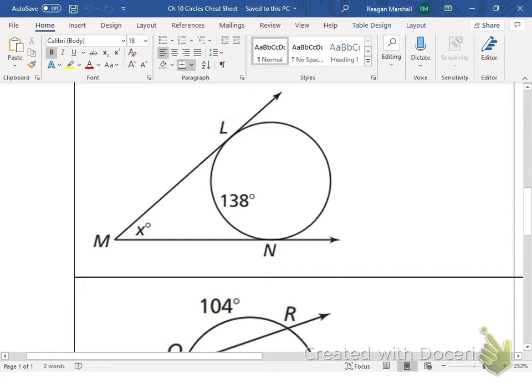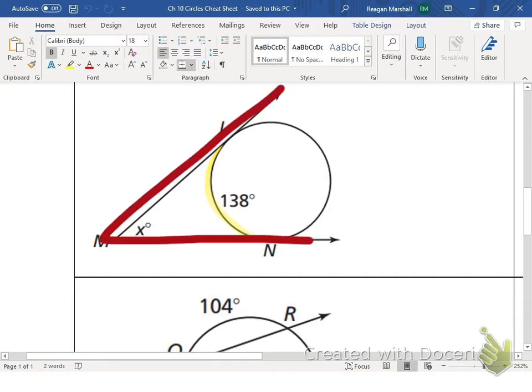Do you know the bigger arc? No, you do not. And you also don't know the outside angle. So you can't use that. You would use this property because you are given the arc that is formed by the outside angle.